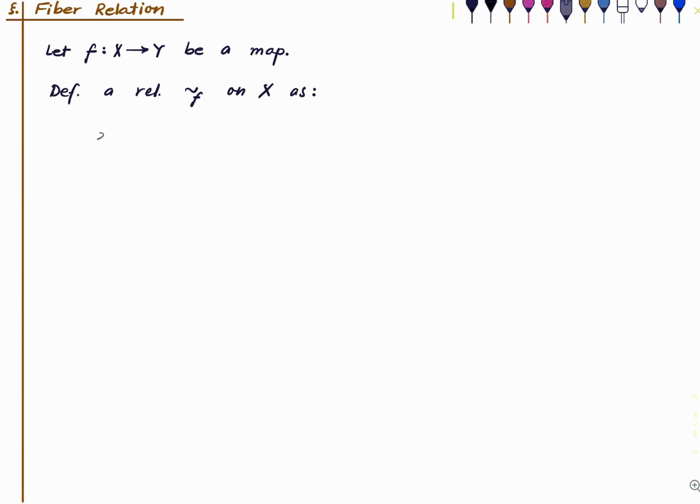We say x tilde sub f x prime if and only if they have the same image under f. So that's the definition of the fiber relation. You can easily check that this is an equivalence relation.